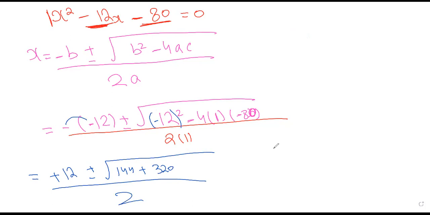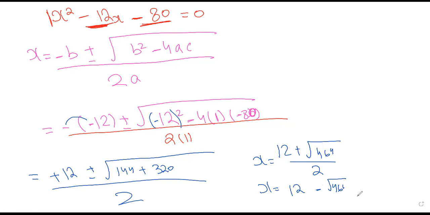One value of x would be 12 plus under root 464 divided by 2. And the other x would be 12 minus under root 464 divided by 2, right? These would be the two values of x.